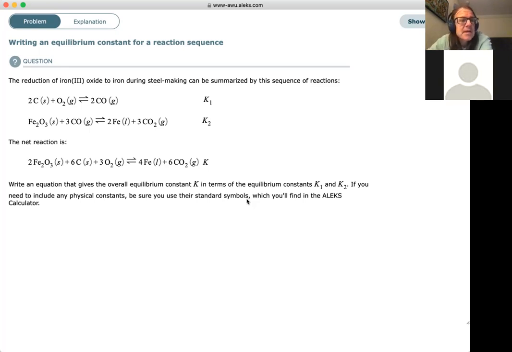Then we have Fe2O3, which is iron 3 oxide, combining with carbon monoxide to form iron and carbon dioxide with a K2 as well. They give us the net reaction there. We want to write an equation that gives the overall equilibrium constant in terms of K1 and K2.